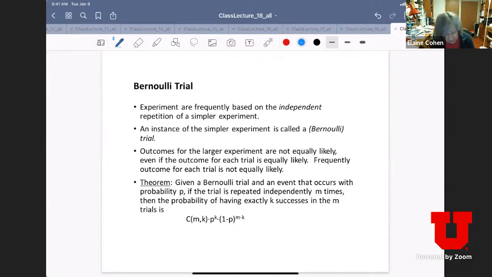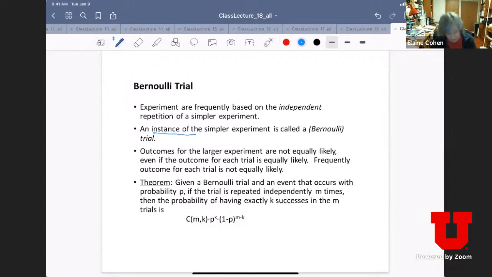An instance of a simpler experiment is called a trial, more generally a Bernoulli trial. So the outcomes for the larger experiment are not equally likely, even though the trial outcomes may be equally likely or not.